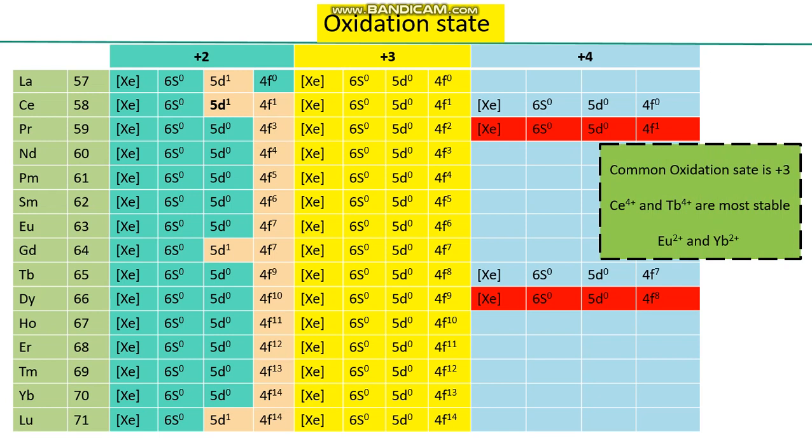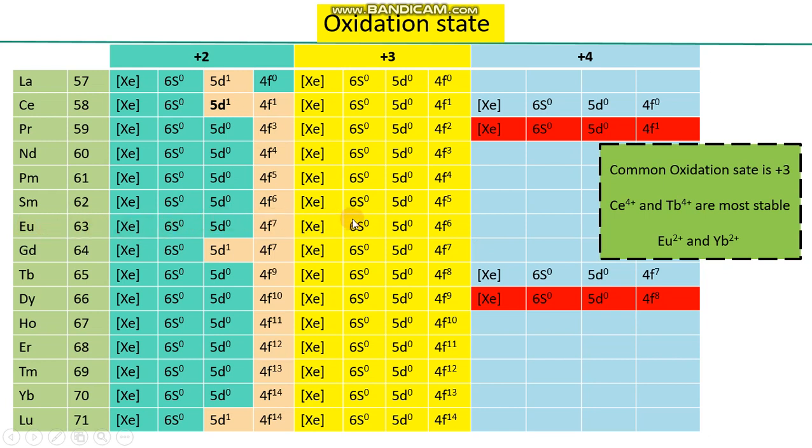They are cerium and terbium, and there are two which are more stable in the +2 oxidation state: europium and ytterbium. So why are they stable in +2 oxidation state? Look at europium.